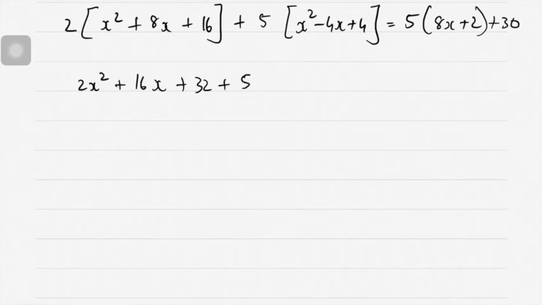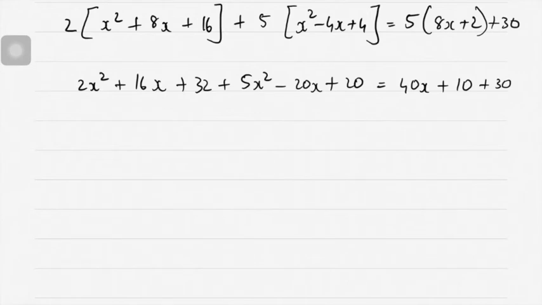Okay, then 5x square minus 20x plus 5 fours are 20, right, is equal to 5 into 8 is 40x plus 10 plus 30, right?